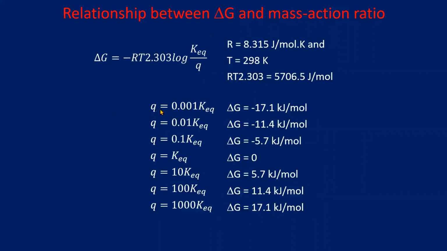Let's say Q is equal to 0.001 times K equilibrium. Then the change in free energy, delta G, will be minus 17.1 kilojoule per mole.